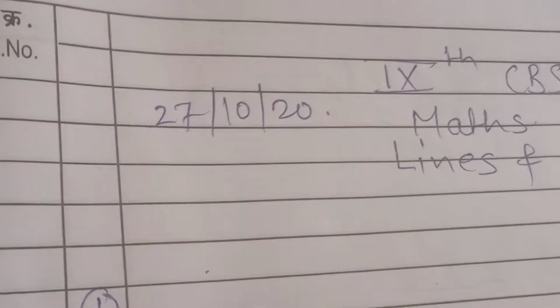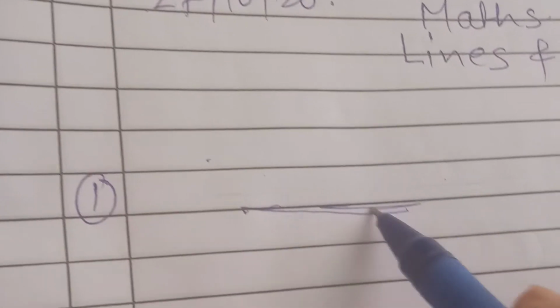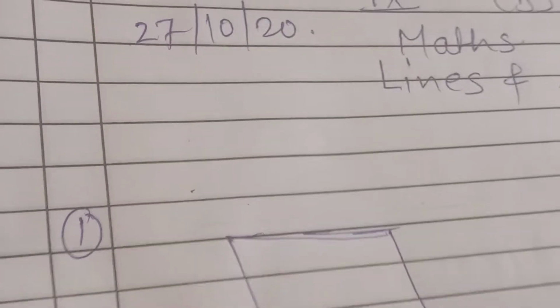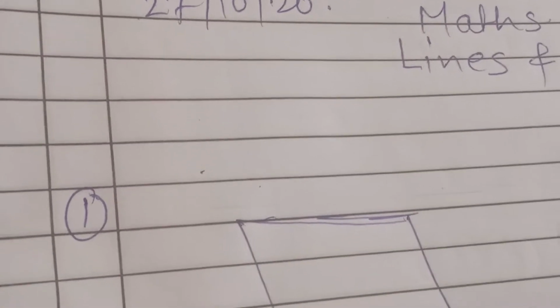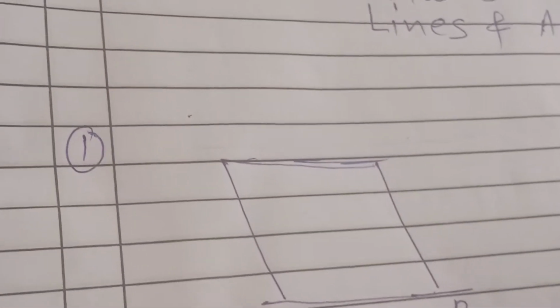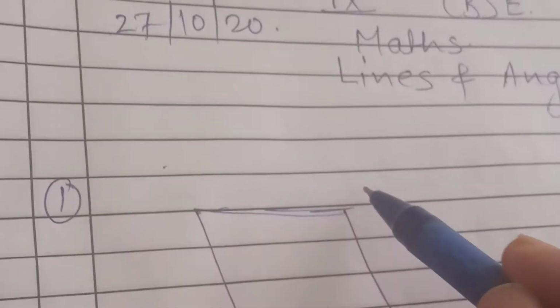Today's first problem is in this figure. Can you see the figure? Okay. The quadrilateral is ABCD.